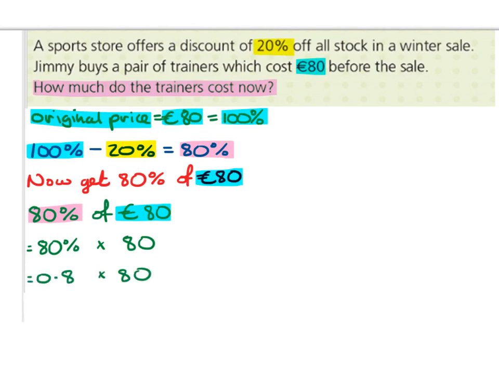So whichever method you want to use. So 80% multiplied by 80, or else 0.8 multiplied by 80, gives us €64. And as I said in the previous slide, another way to get a percentage is you could have divided by 100 and this time multiplied by 80. So either way, the trainers are going to cost €64 now.